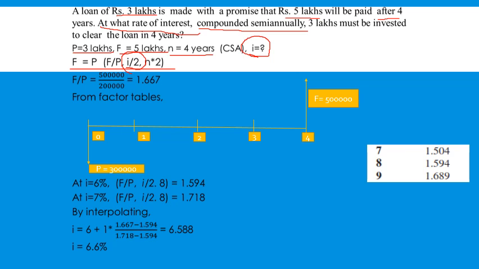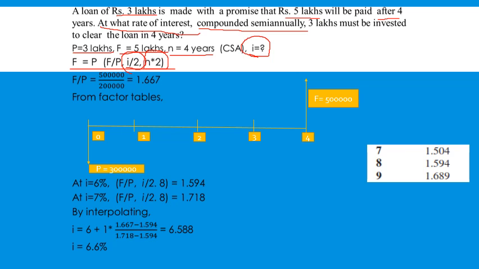We have already discussed that whenever it is semi-annual compounding, I becomes I by 2 and N becomes 2N. In the previous example, since it was monthly compounding, I became I by 12 and N became 12N. Since in this case it is semi-annual compounding, I will be I by 2 and N will be 2N. The same notations have been used here. F by P is equal to 5 lakh divided by 3 lakhs, that is equal to 1.667.